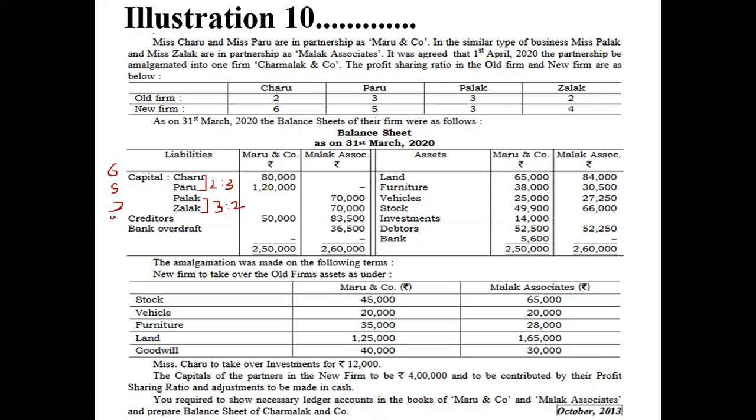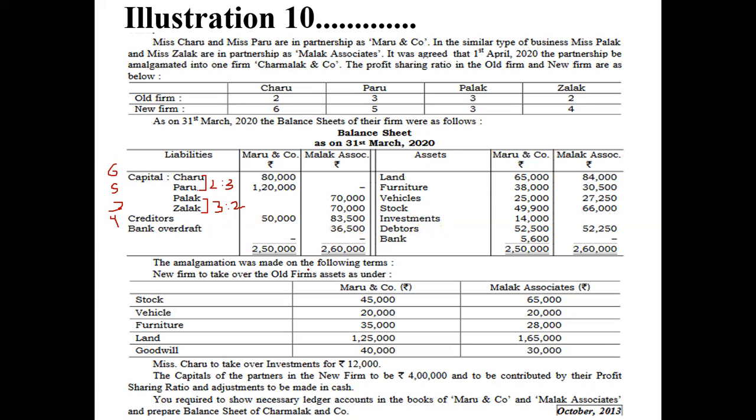Apart from that, on the liability side, they have creditors with both companies and bank overdraft only with Malak and Associates. On the asset side, we have land, furniture, vehicle, stock, and debtors with both companies, and investment and bank balance only with Maru and Company.